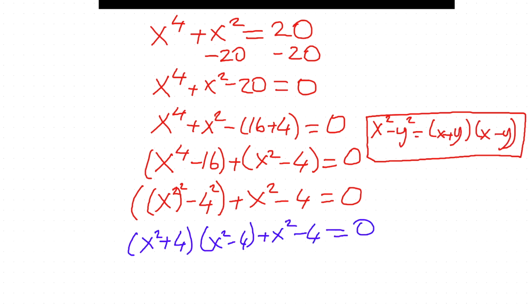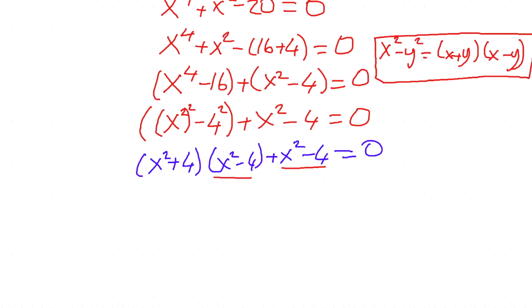What's common in both of these terms? We have two terms in these. And so now I believe you see why I didn't write down the difference of two squares formula for the x squared minus 4. So let's factor x squared minus 4 out.